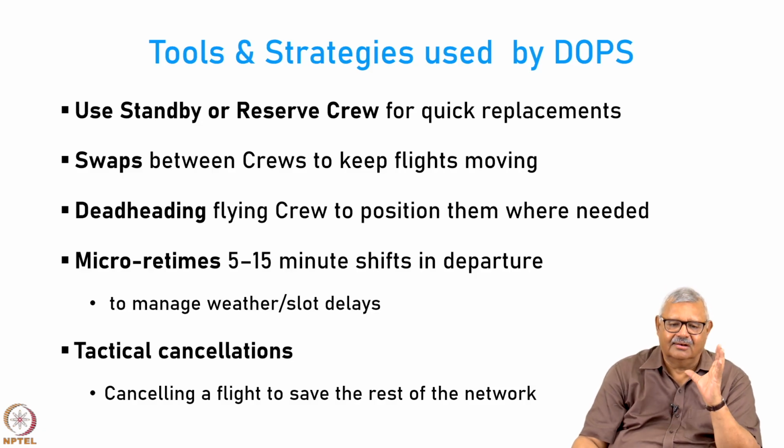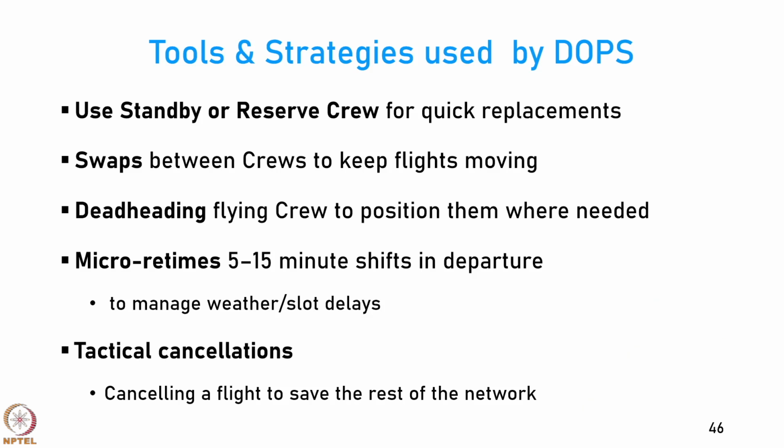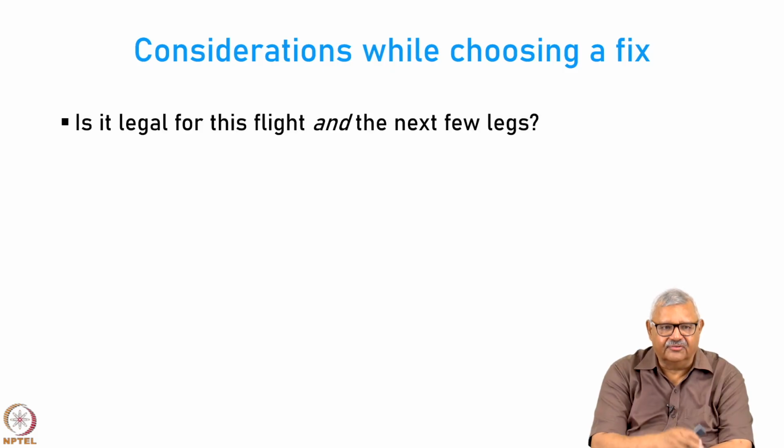Or you say, okay, let me bear the issues of this flight, but because of that I have these crew members available, and the next flights will continue. So, what are the considerations when you choose a fix? Is this legal for this flight and the next few legs?